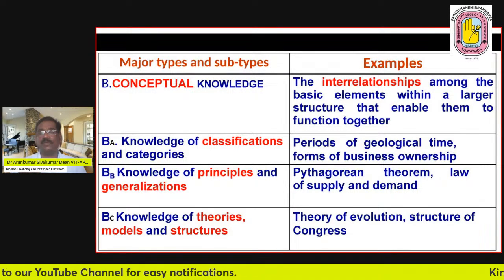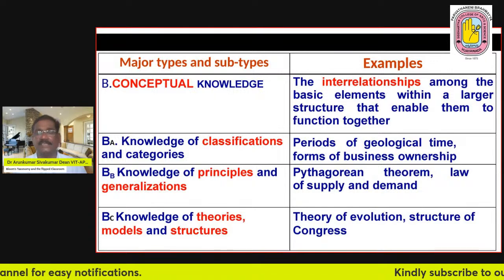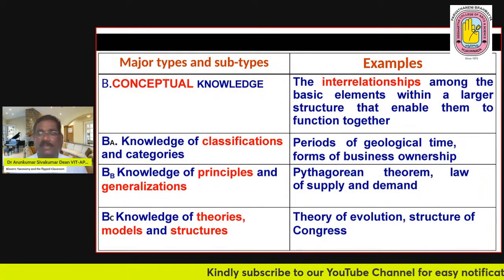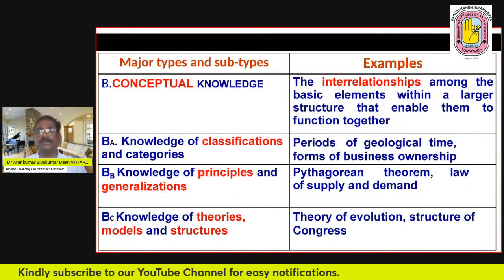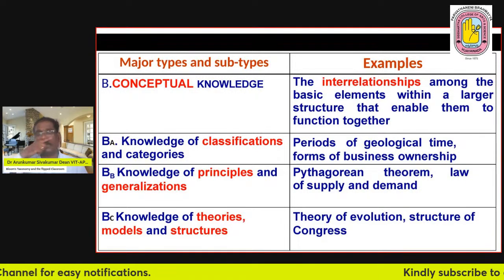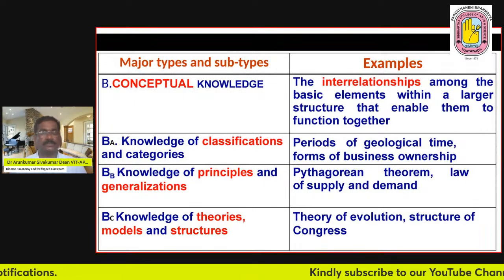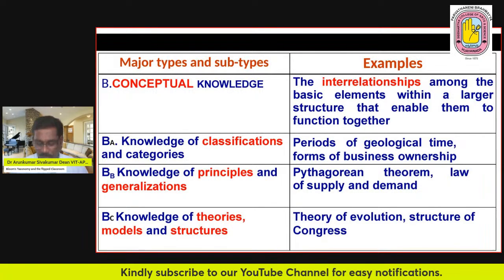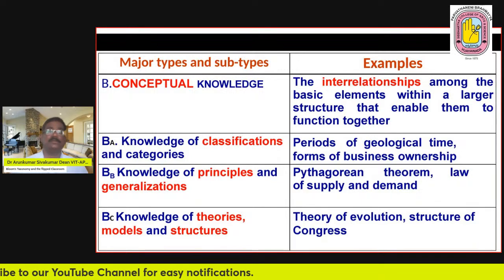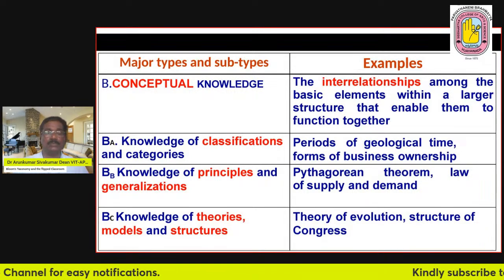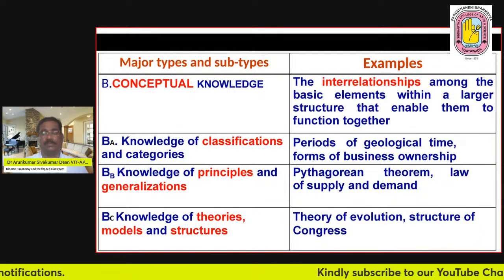I have given you an example on the right side: principles, Maslow's hierarchy theory, motivation theory, equity theory, all knowledge of principles, theory of evaluation, structure of business model, service quality model, what we call the Porter value chain model. All that is knowledge of theories, models, and structures. This is very, very important.